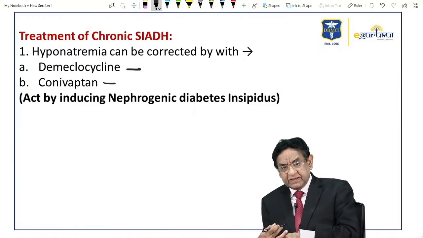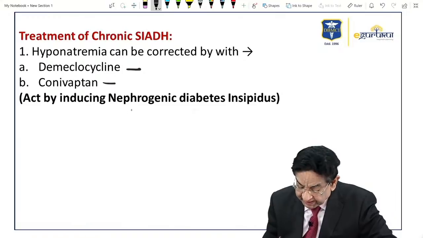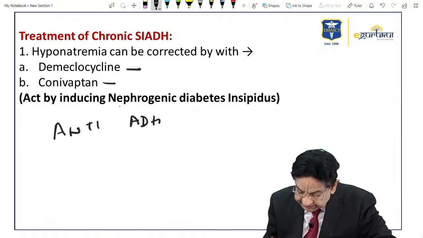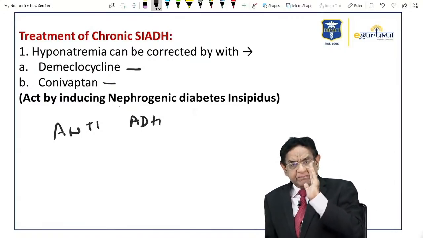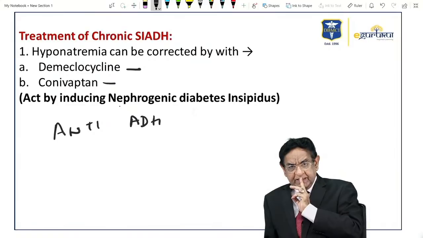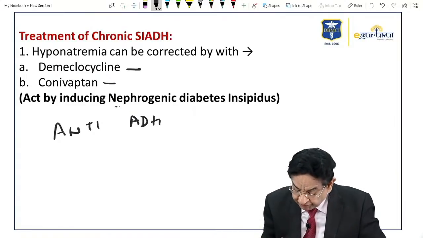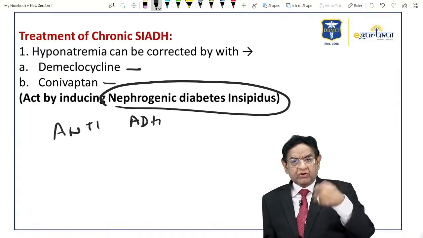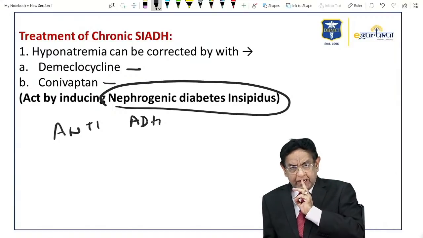These drugs are anti-ADH drugs. That means they will hamper the action of ADH and they will induce nephrogenic diabetes insipidus. They will cause more and more urine to go out. They will counter the action of ADH.